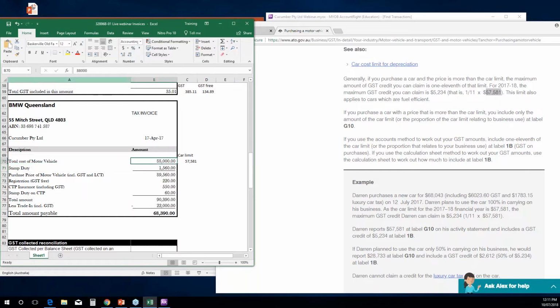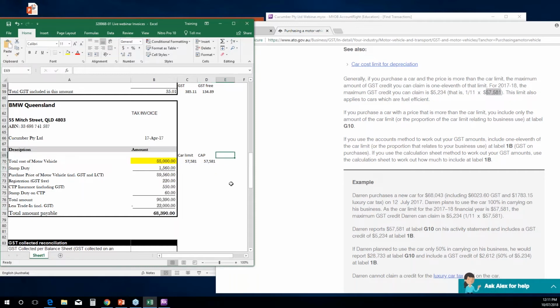So I'm going to use only 88,000, the car cost itself, subject to GST, to split the GST component and non-GST component. So how? Let's do it. So GST on asset, we will use CAP tax code, that's the GST, which is the 57,581.